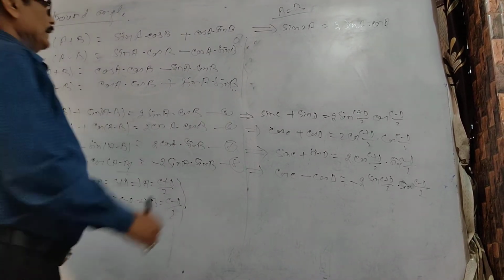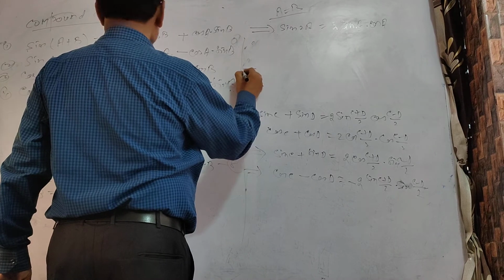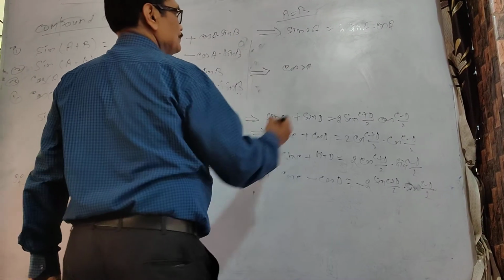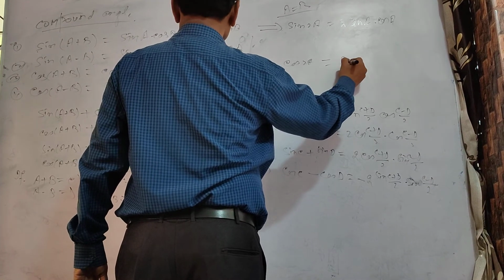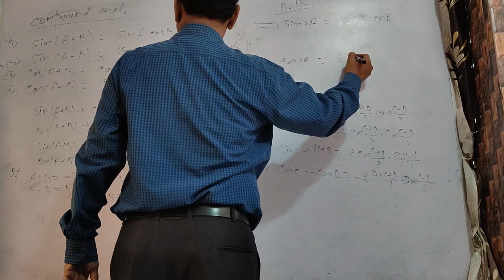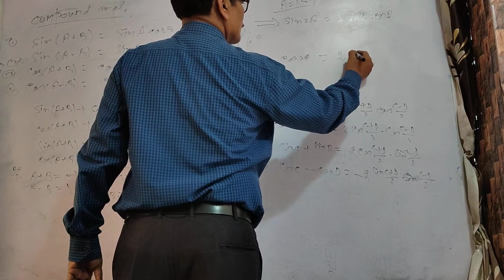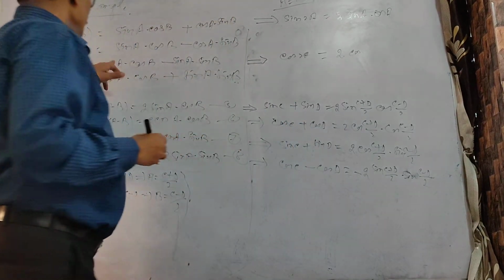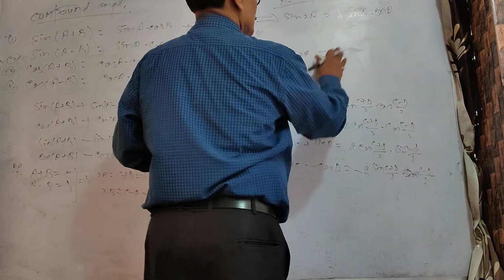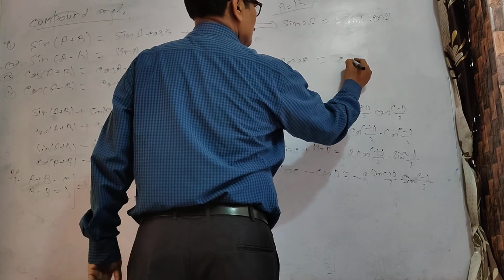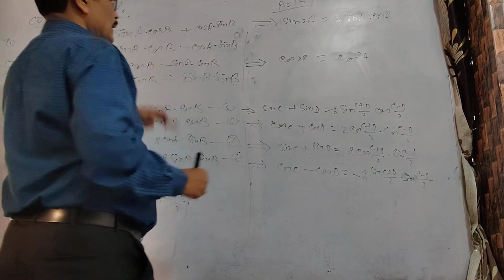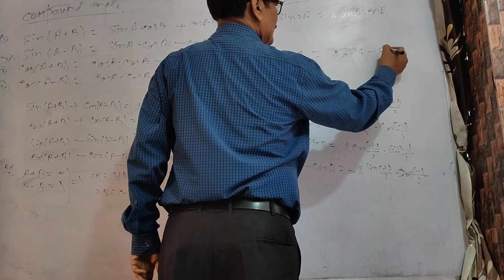Now again here, cos 2A equal to cos A cos A, when B becomes A, this one is cos square A, and this B becomes A, this becomes minus sin square A.